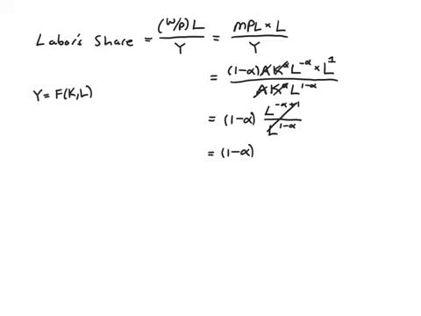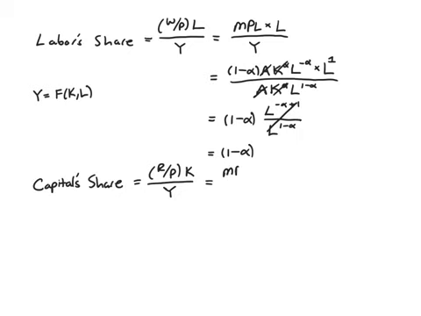Now, we know labor share and capital share add up to 100%. So if we wanted to, we could skip the calculation for capital share and just say, well, they must add up to 1, so capital must get alpha. But let's do the calculation just to make sure we didn't make any mistakes. So capital share, which in general is the real rental price of capital times the amount of capital over total income.